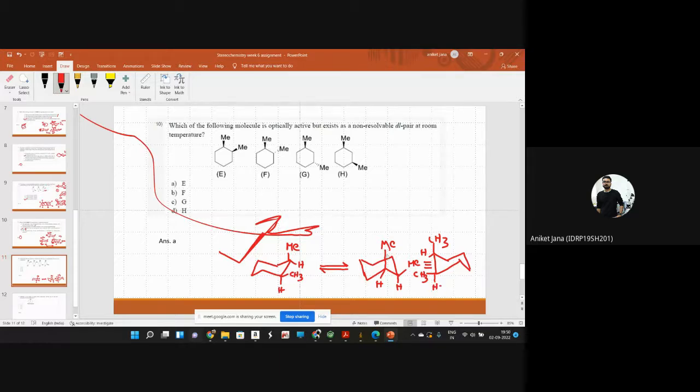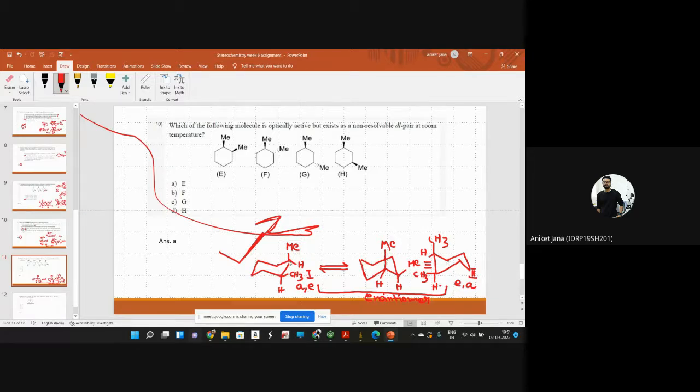So if we consider this as 1 and this as 2, it can have either the axial-equatorial or the equatorial-axial form. So this is axial-equatorial and this is equatorial-axial. So they are enantiomers, right? Can you see it? They are enantiomers. They are mirror images of each other.